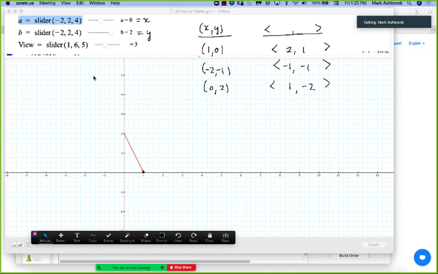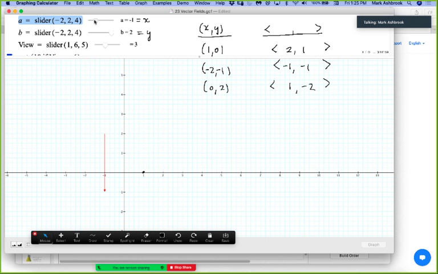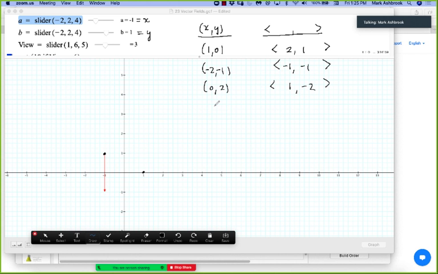So how about negative 1 and positive 1? So here's the point, negative 1, positive 1. That's right here. What vector do we get for that? 0, negative 2.